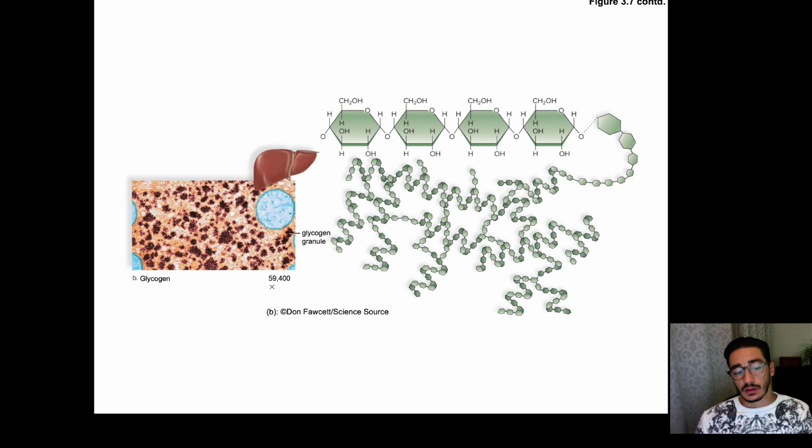That's why people who have diabetes sometimes have seizures, because the body produces a lot of keto bodies when they use fat and protein as fuel, and the brain doesn't like this.